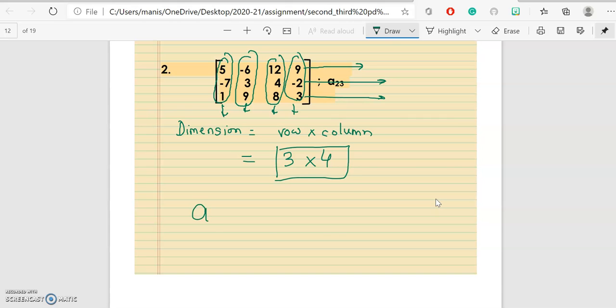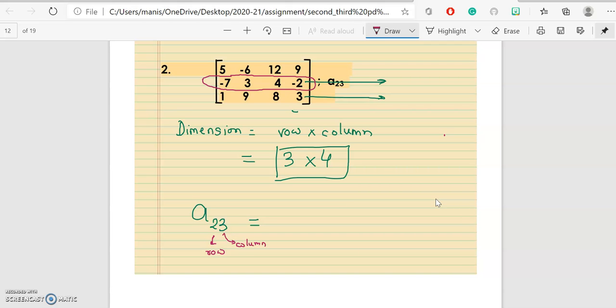Now we also have to find the value of a 2/3. So what is a 2/3? a 2/3 means you have to go to the second row. So the second row is this one, and the third column.